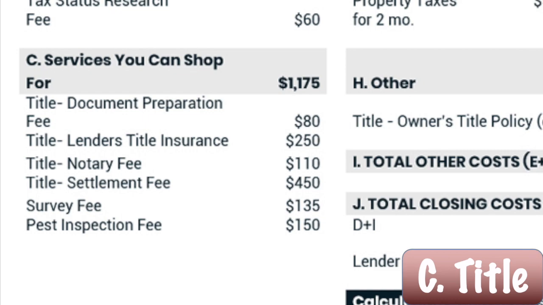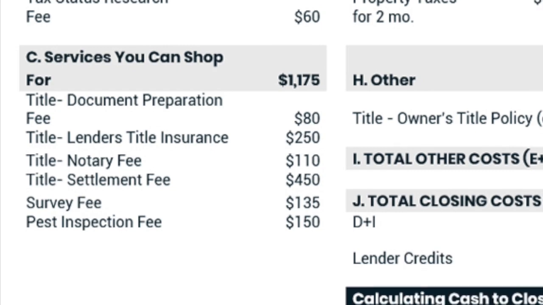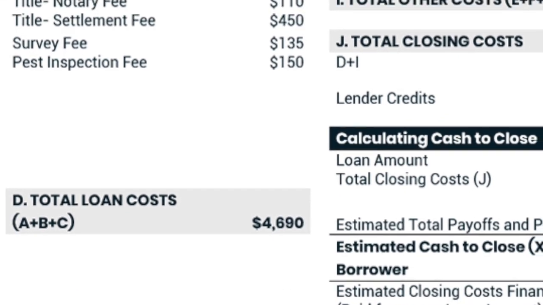The reason is it's the seller who usually chooses the title company. Because when the seller decides to put his house on sale, he already at that time has to decide who will handle this transaction.